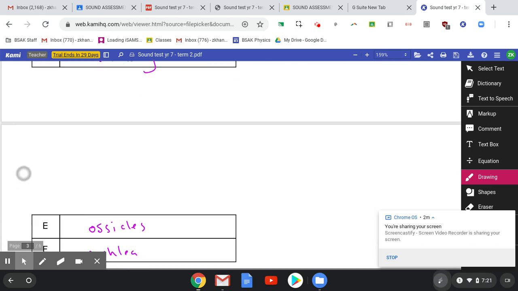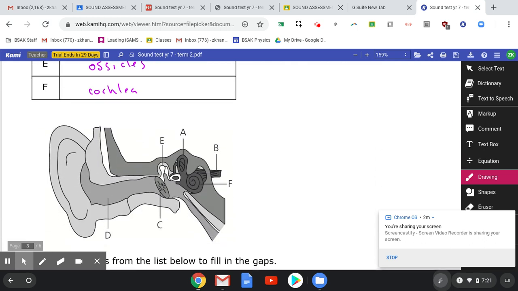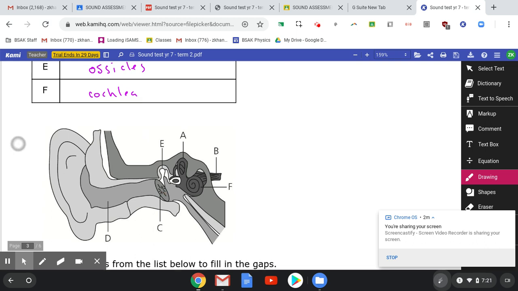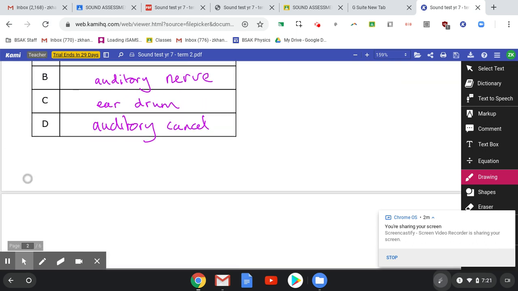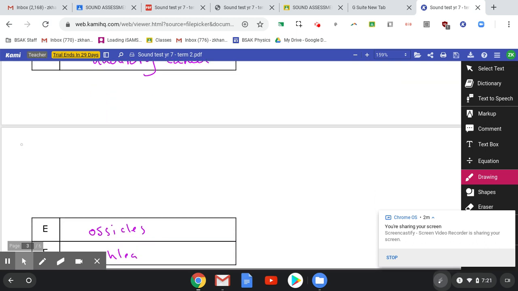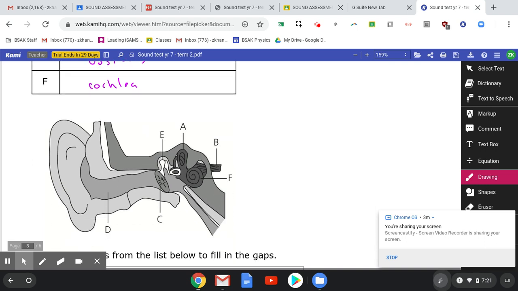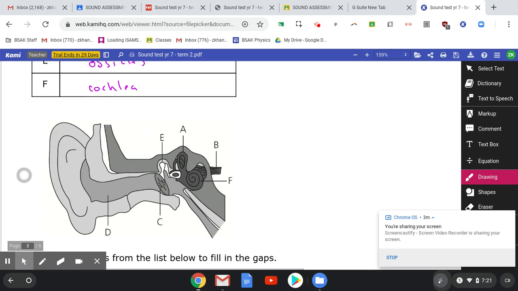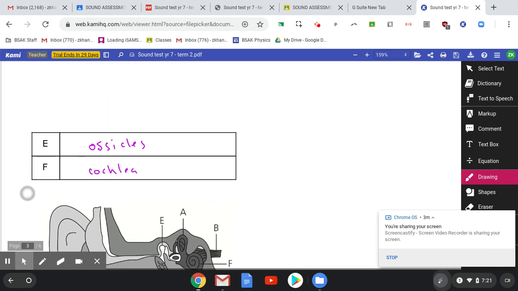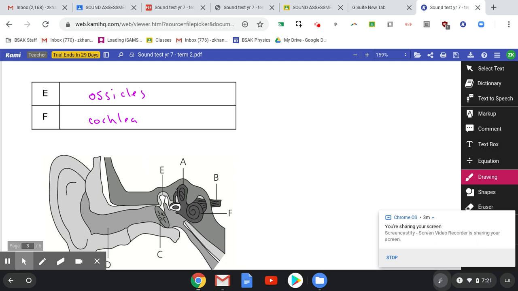Part C, that's that bit over there. That's the eardrum. Part D is where the sound travels through before it gets to the eardrum. That's the ear canal.